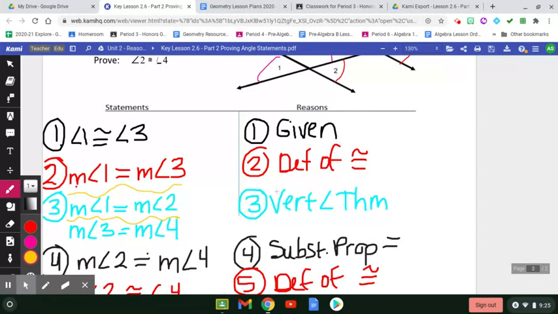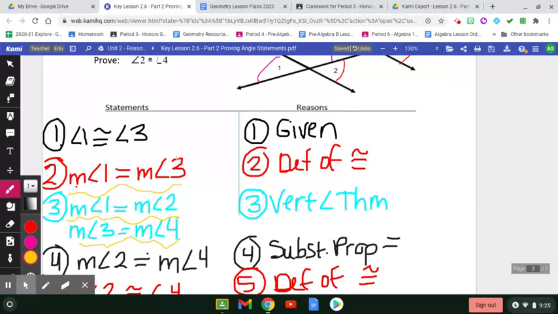Because if I know angle 1 equals angle 3, angle 2 would have to also equal angle 3. So I'm going to use that statement down here, almost like cutting out the middleman, which is angle 3. So this could also be argued with transitive property.